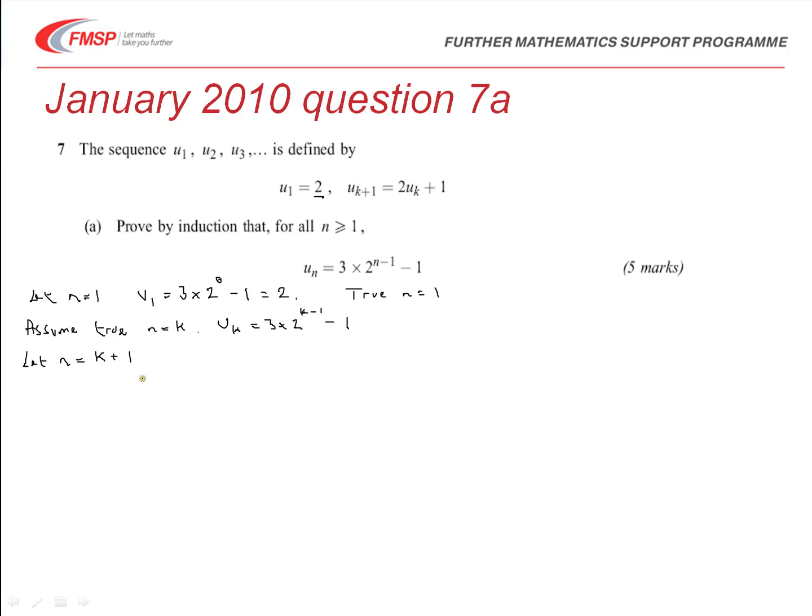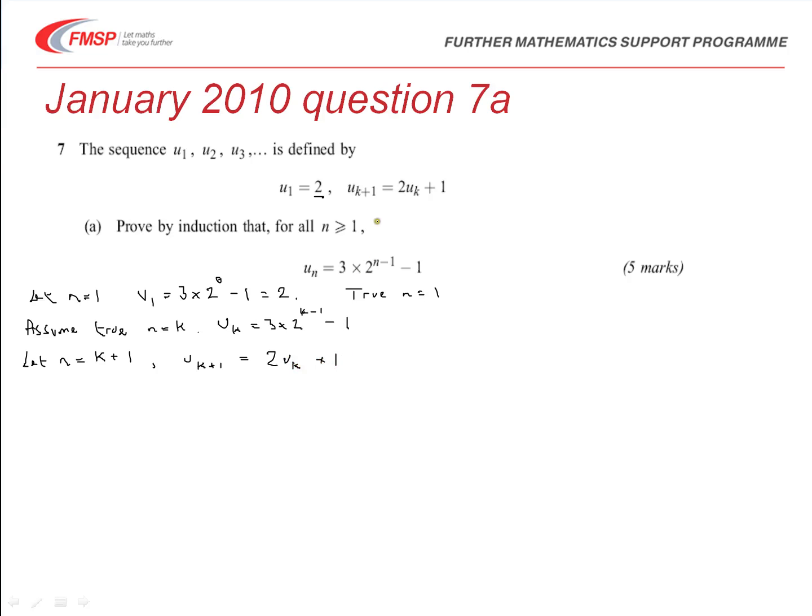So we're letting n equal k plus 1, so we're looking at u k plus 1. Now we know from its definition that it's equal to twice u k plus 1.